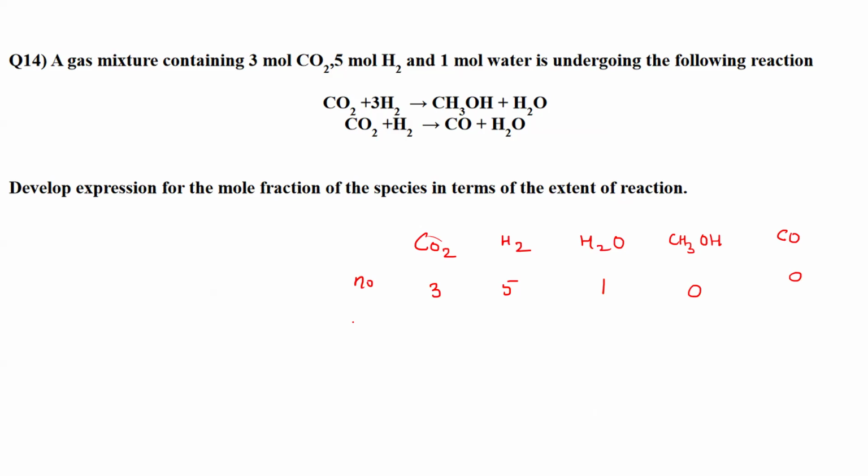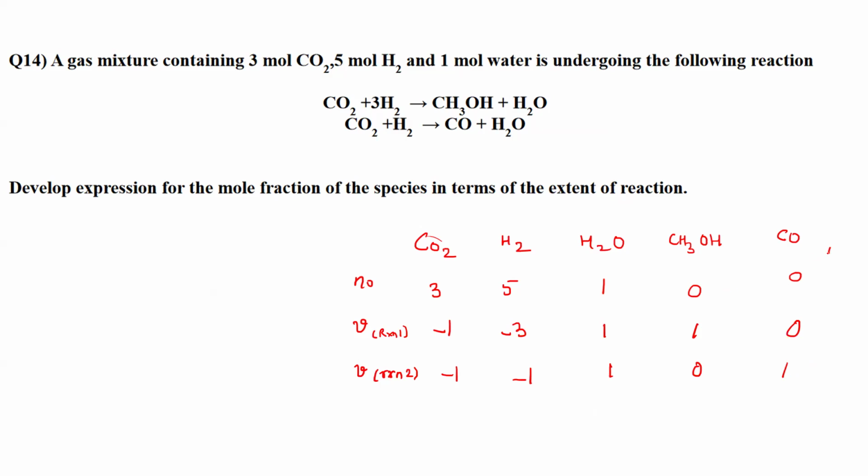And if I go for the reaction 1, CO2 has -1, H2 has -3, H2O has +1, CH3OH +1, and CO is not produced anywhere in the reaction. And coming to the reaction 2, we have CO2 is -1, H2 -1, H2O +1, CH3OH 0, CO +1.